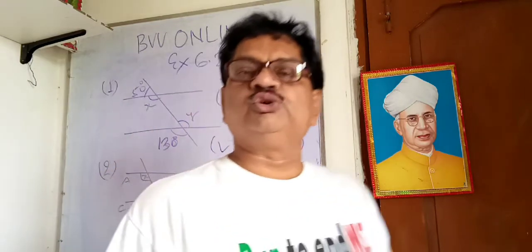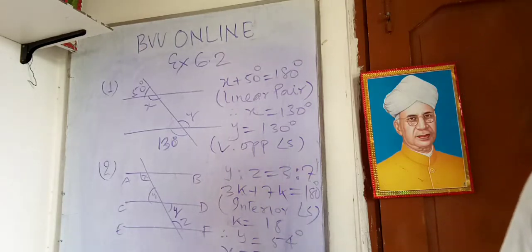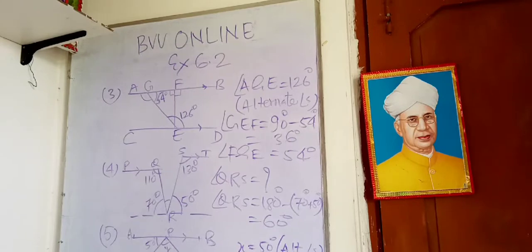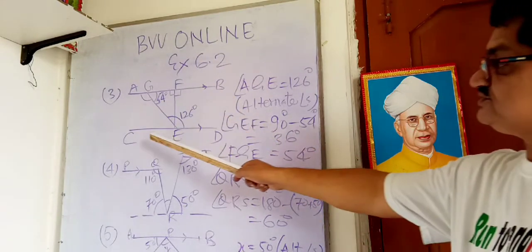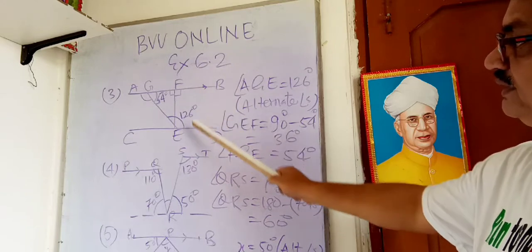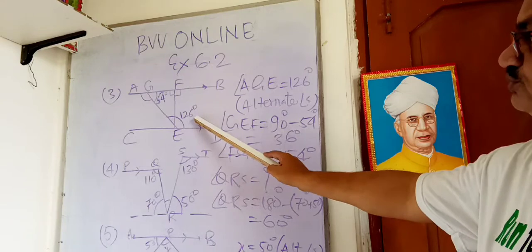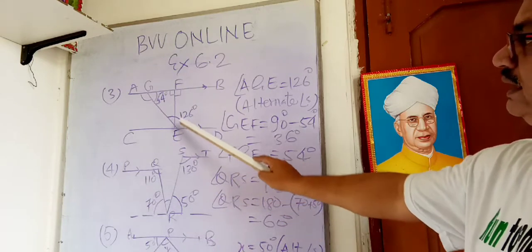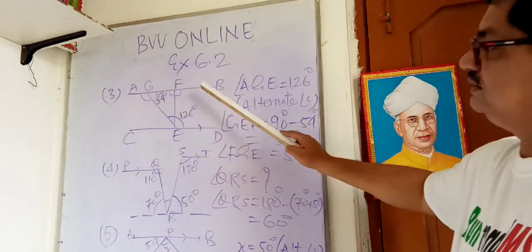Now we will solve another question, 3, 4, 5, etc. So in question number 3, you have been given AB parallel CD, and this angle GED is 126 and EF perpendicular to AB.